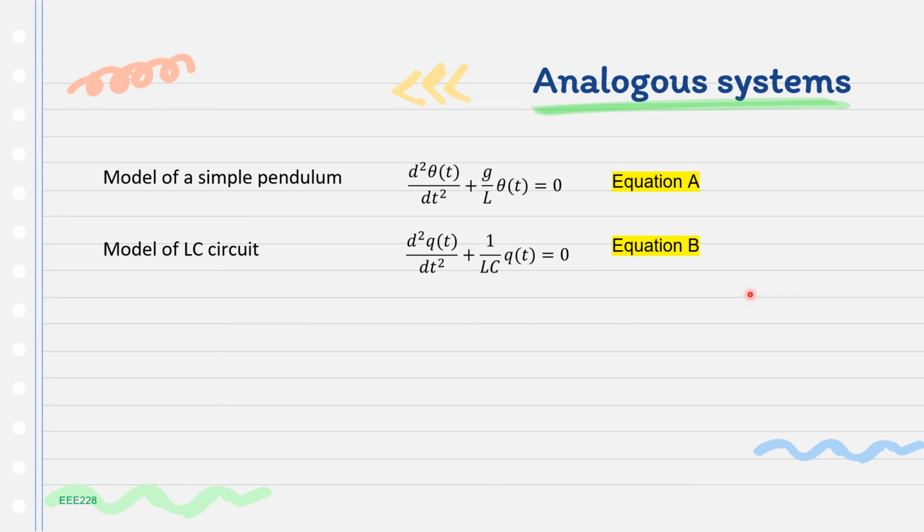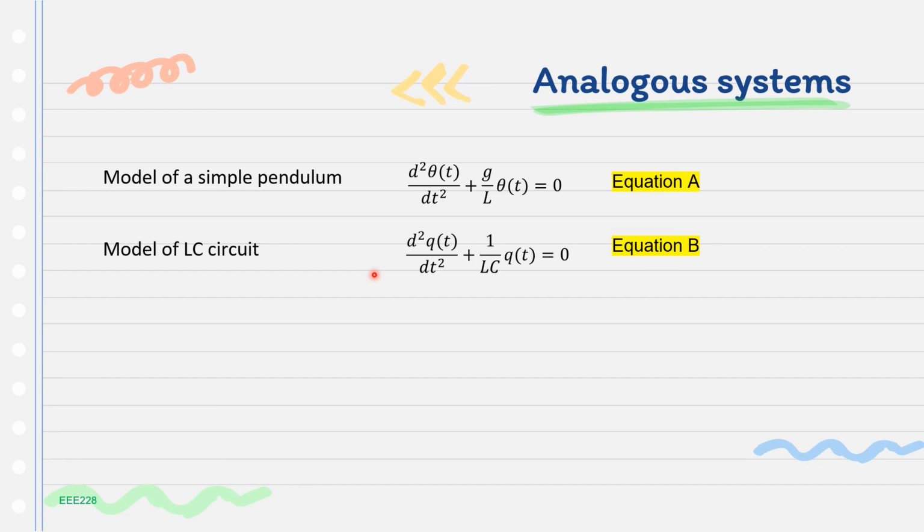Now I want to introduce to you analogous systems. Let's look at these two equations, equation A and equation B. Equation A represents a model of a simple pendulum, and equation B represents a model of an LC circuit. If we look at both these equations, they are second order differential equations.